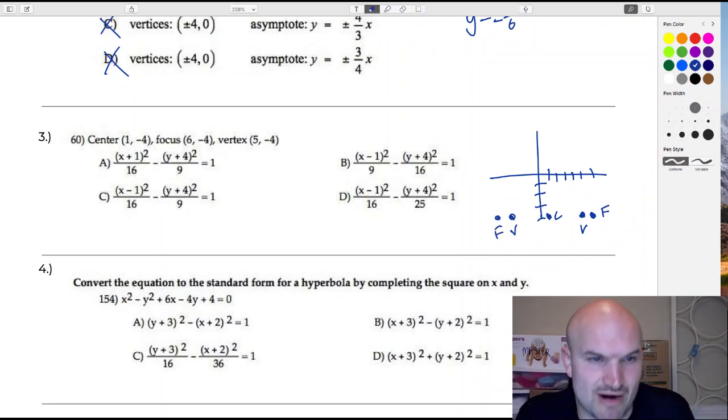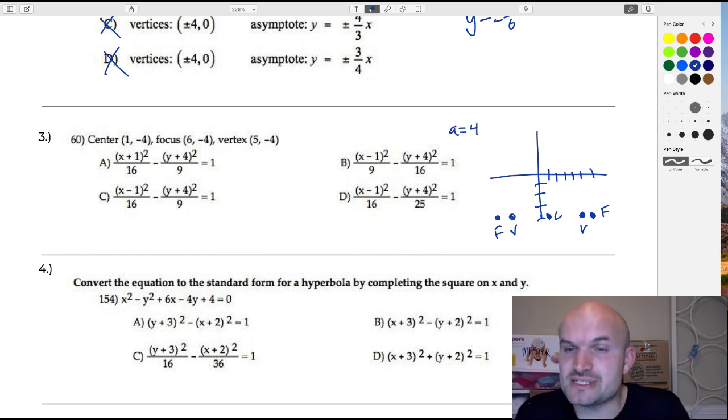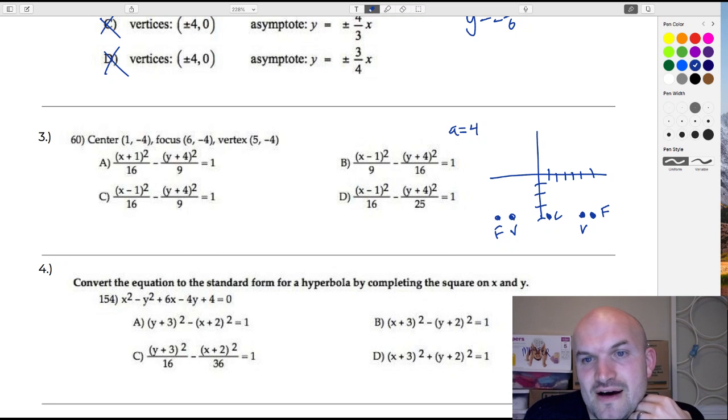Now, we actually don't need to graph these at all because from this point, we can determine our values of A and C. So A, in this case, is going to be 4, and our C is equal to 5, right? The distance from the center to the foci is C. So C is equal to 5.